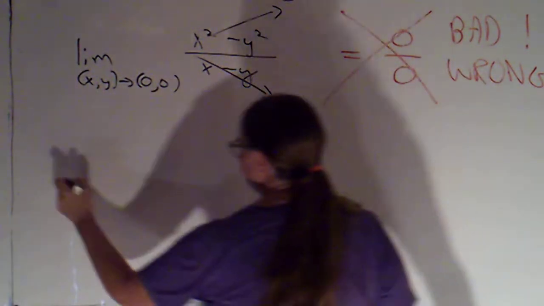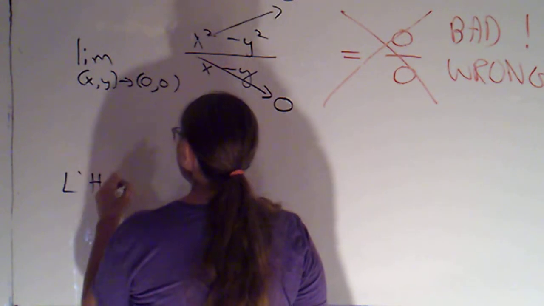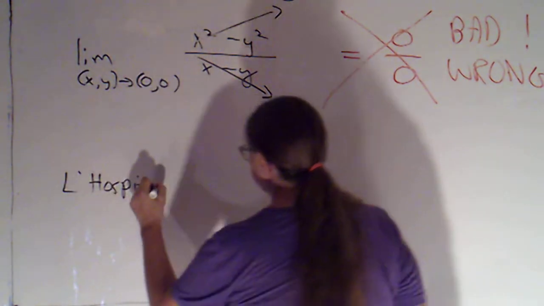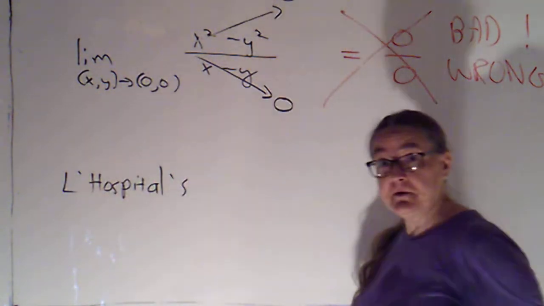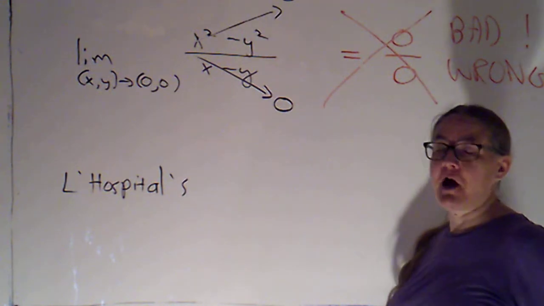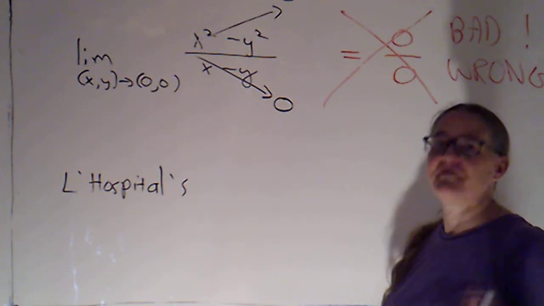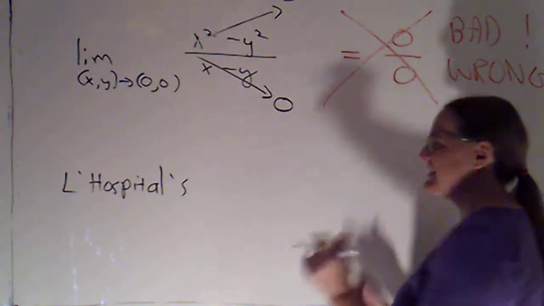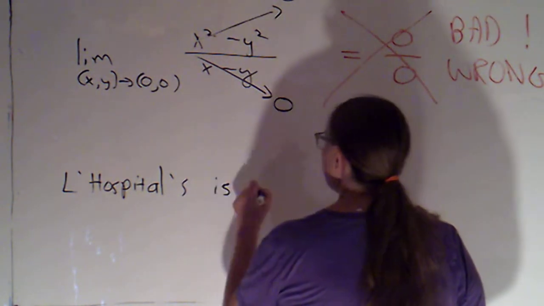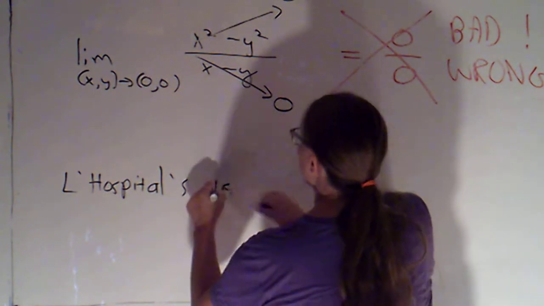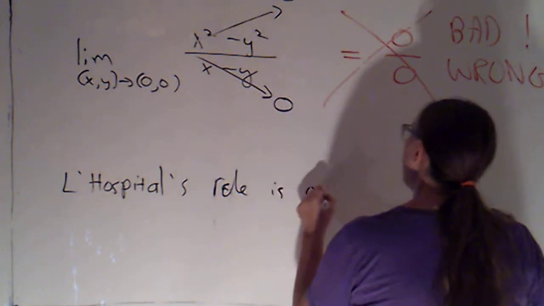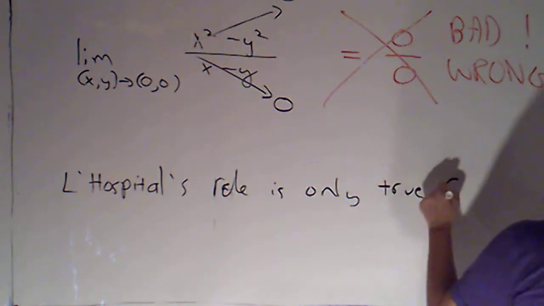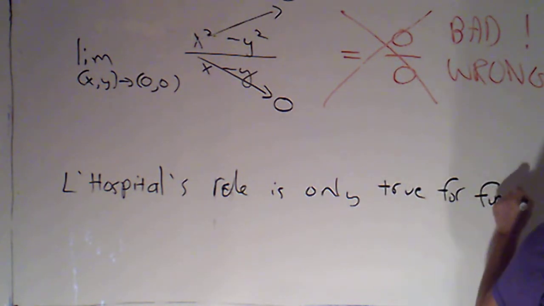This is really important. L'Hopital's rule is one of those things that's wonderful and true for functions of one variable, but it is only true for functions of one variable. It does not generalize to higher dimensions. So L'Hopital's rule is only true for functions of one variable.